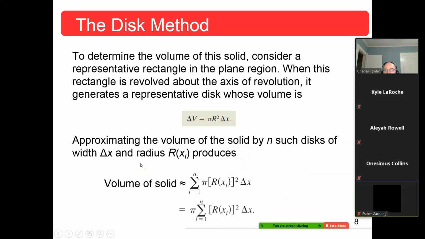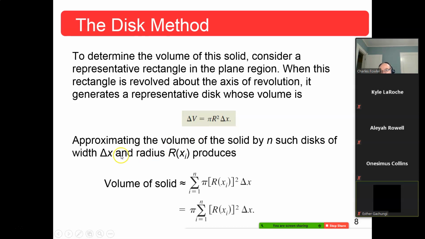Okay, so to determine the volume of that solid, consider a representative rectangle in the plane region. When that rectangle is revolved around the axis of revolution, it generates a representative disk whose volume is delta V. That portion of the volume is equal to pi capital R squared, that's going to be your function value, your y value, times delta x.